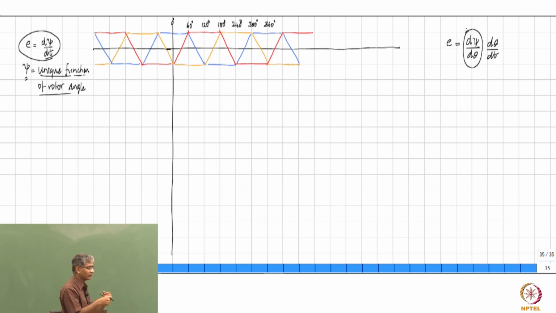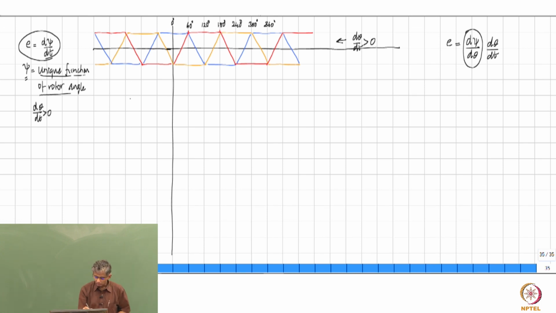If you define that for anti-clockwise rotation d theta by dt is more than 0, then for the other direction of rotation d theta by dt will be less than 0, right? So let's assume that we are looking at d theta by dt greater than 0, and this induced EMF is drawn for d theta by dt greater than 0. That is the assumption that is made.